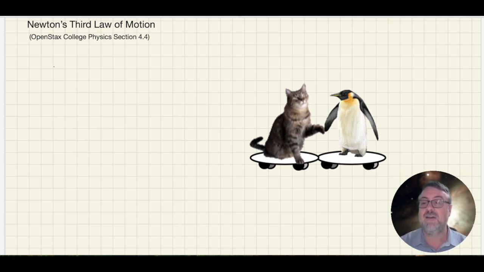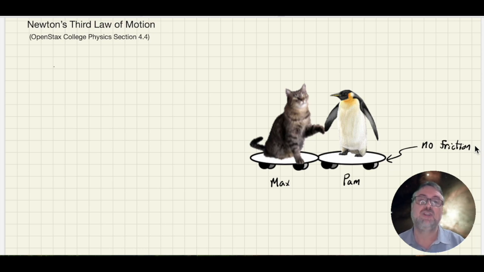So here I have Max and Pam standing on skateboards. Now, Max is going to push Pam away from him while they're standing on skateboards. When this happens, something interesting will also happen to Max.